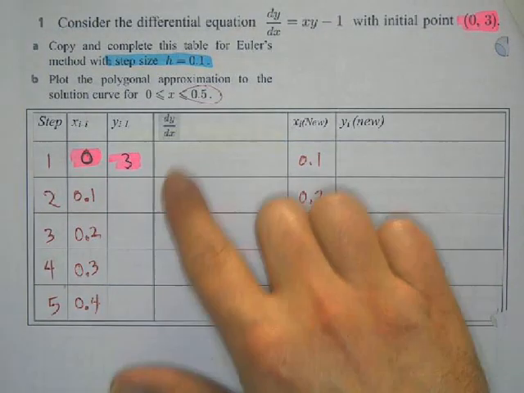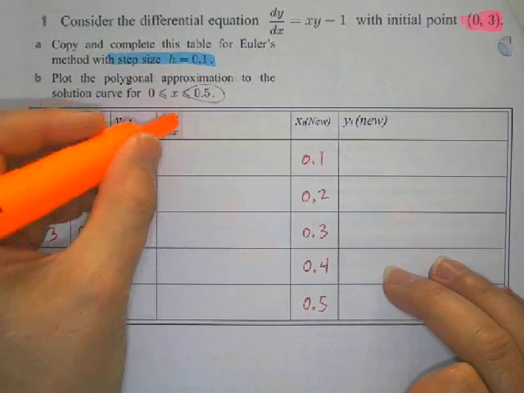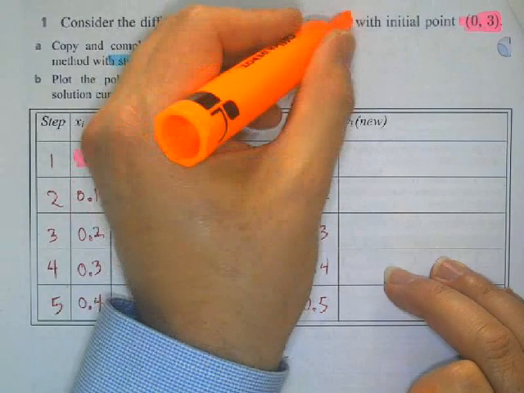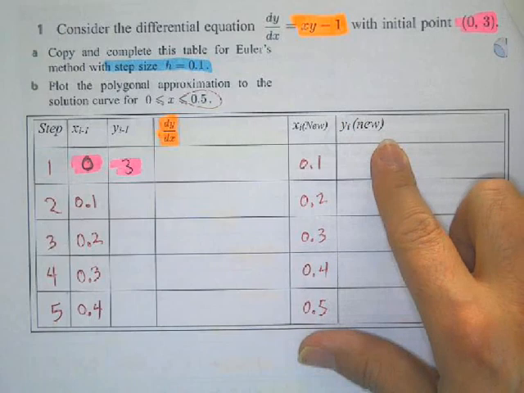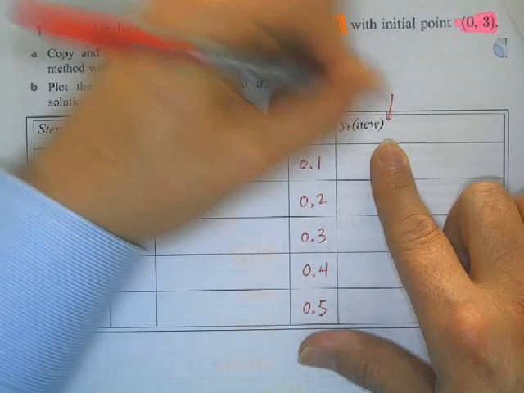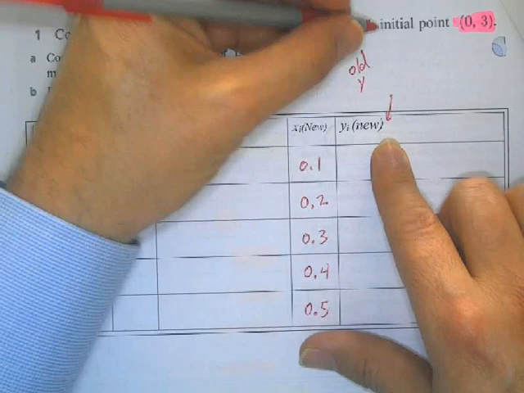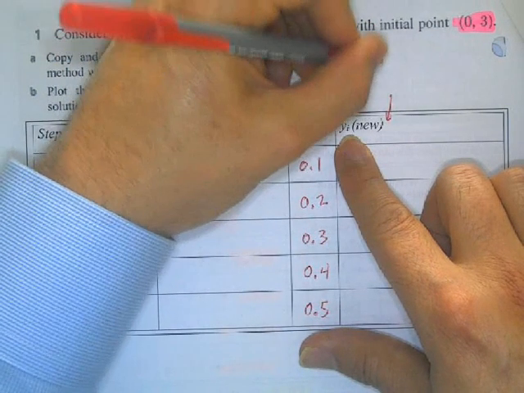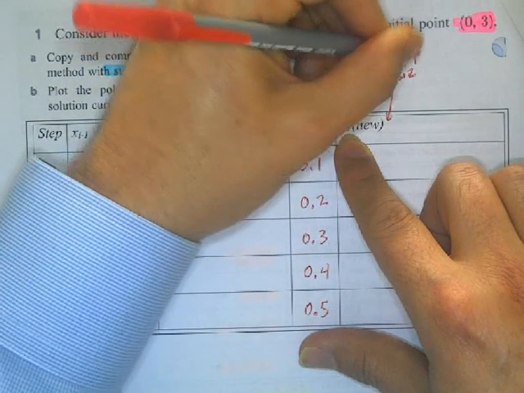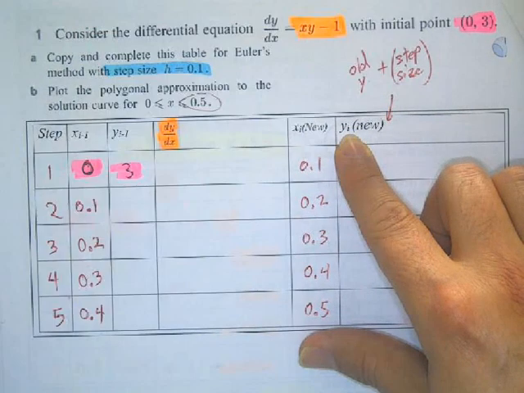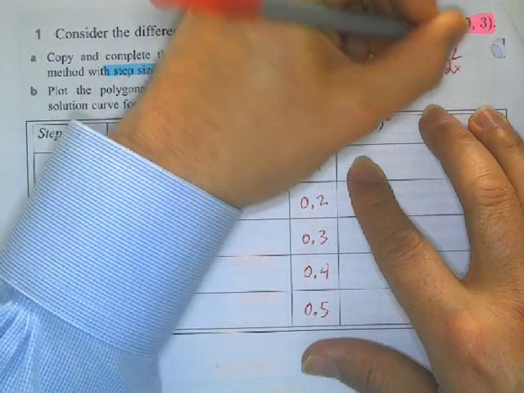Okay, so now we got our derivative here. We're going to use this definition. And remember, like we said before, this is going to be the old y plus the step size times the derivative, dy/dx, or the slope.